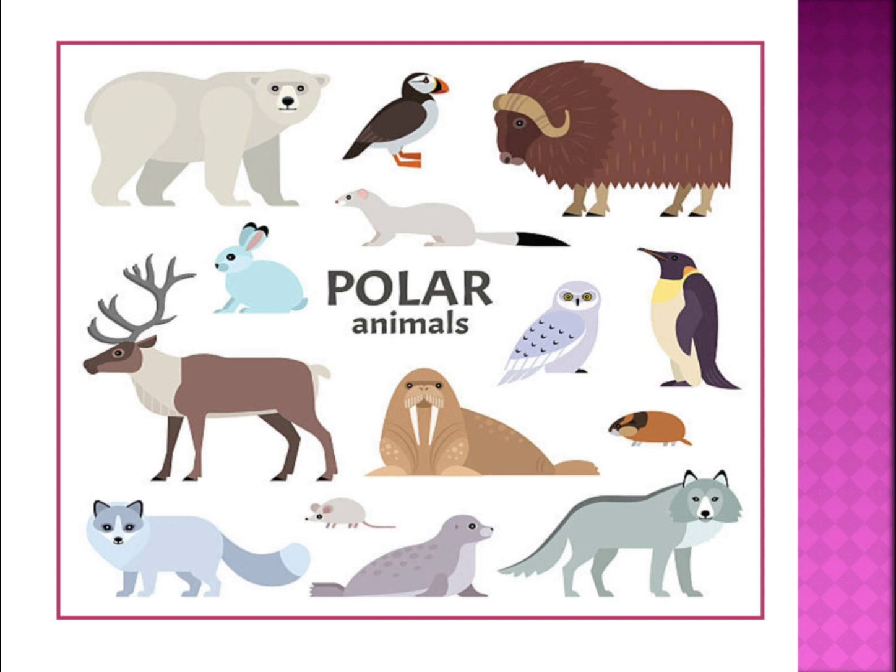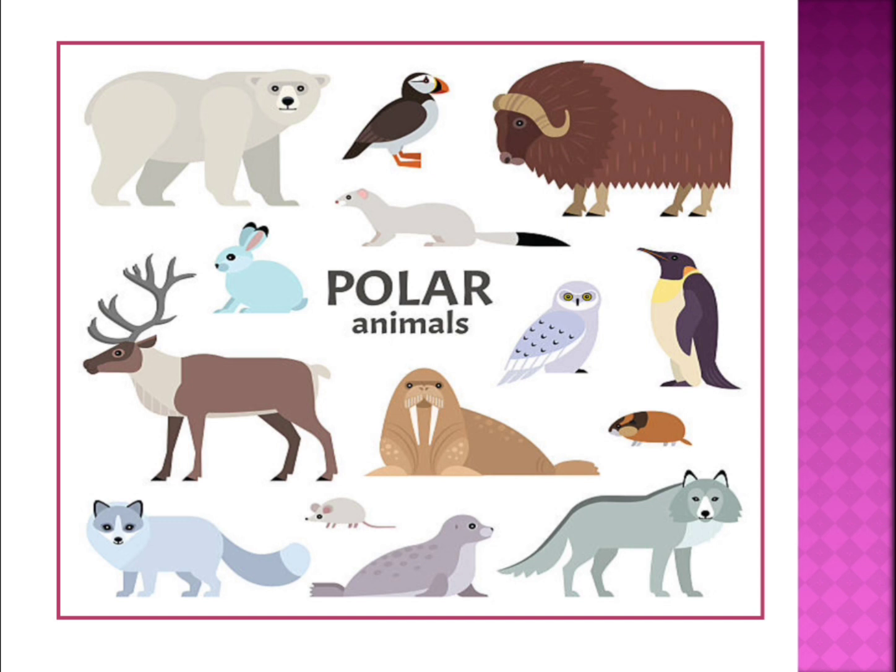How can they survive in this cold climate? Their body is covered with a thick coat of fur. Because of that thick fur on their body, they are able to survive in that cold region.